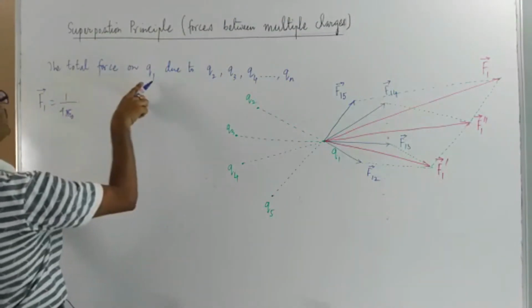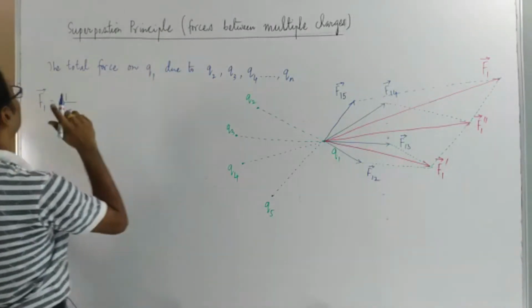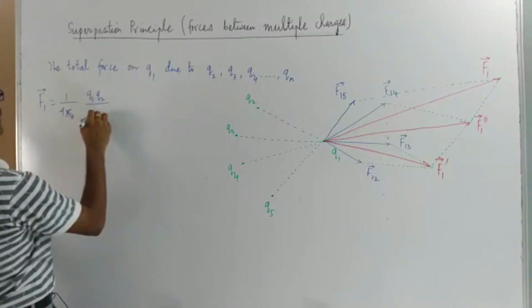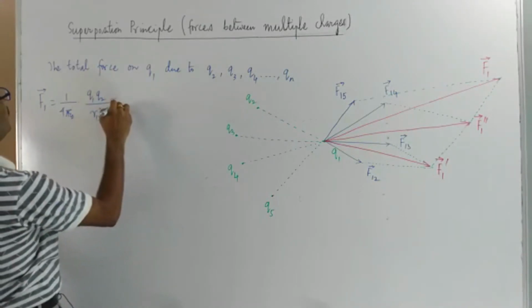When we are considering force between Q1 and Q2, then that should be Q1 Q2 by R12 square, R12 cap.